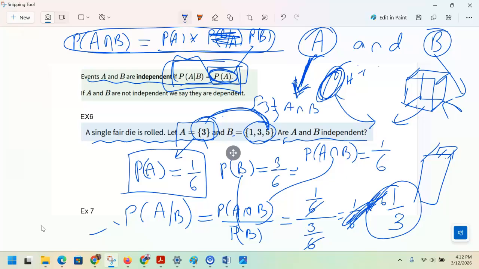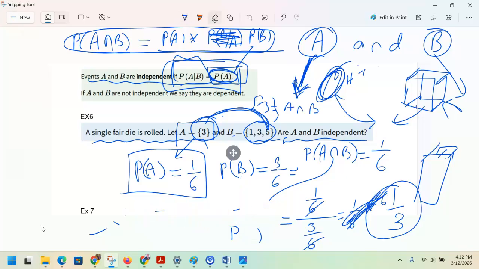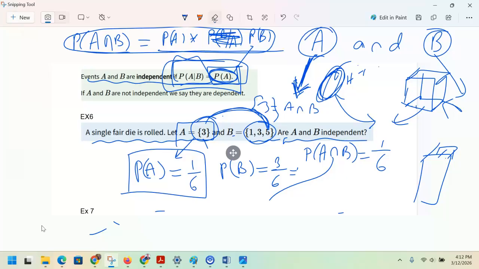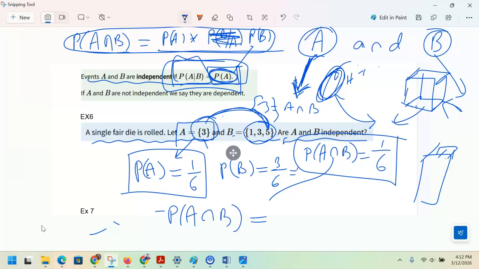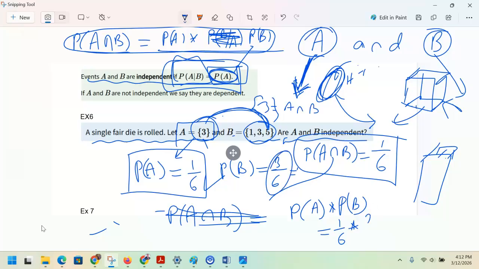And that's why, if you get confused, another way to show it, if you don't understand what I showed, you can also directly use the probability of A and B. So this is probability of A and B. Let's multiply probability of A times probability of B. A is 1 by 6, and B is 3 by 6.